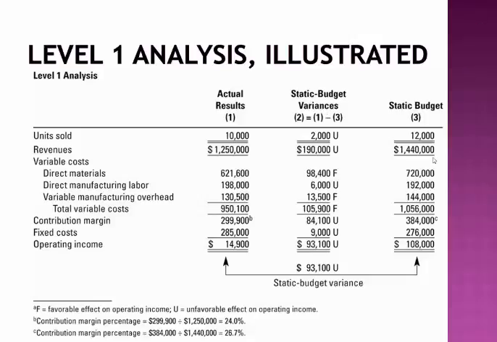All right, so our static budget variance, notice that we have 12,000 units that we planned to sell. They were going to be sold for a specific dollar amount per unit to give us this $1,440,000 in revenues.